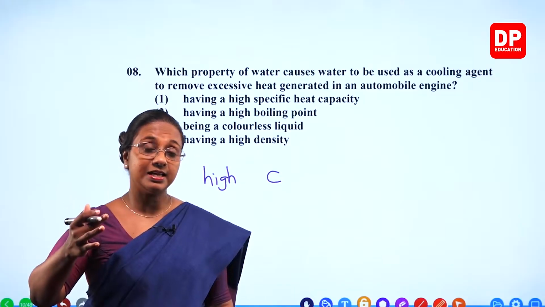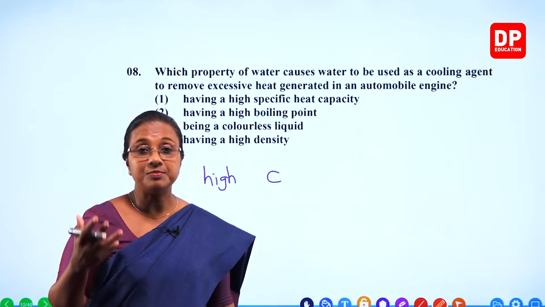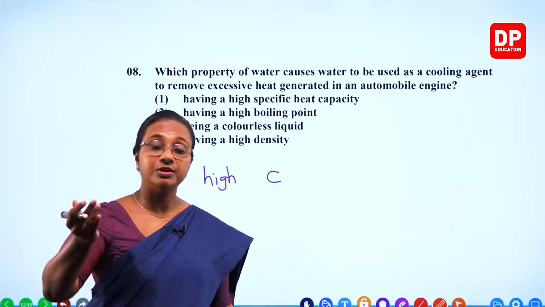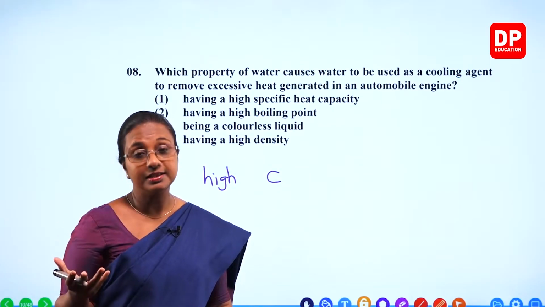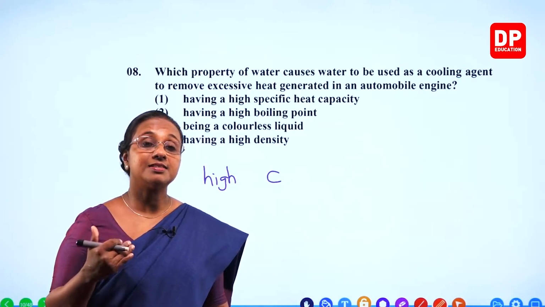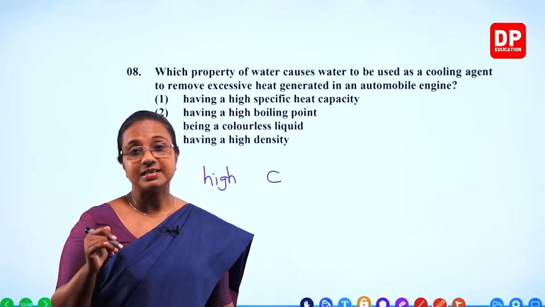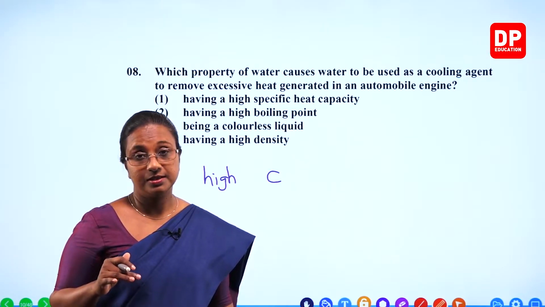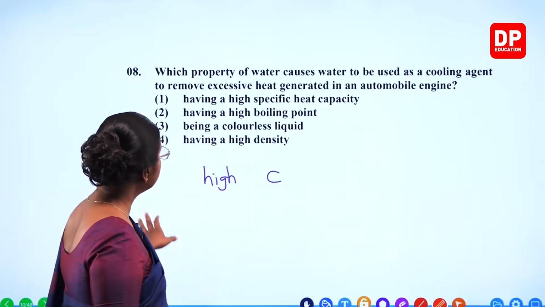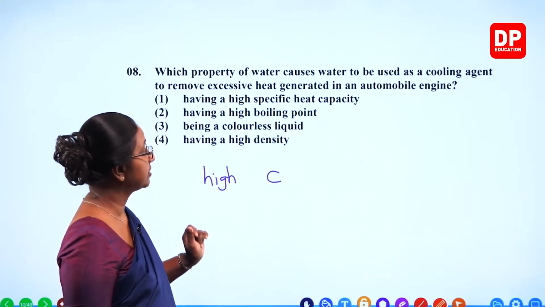When that is high, the amount of heat absorbed by water to go into the vapor state also increases. Then it acts as a good coolant. So that is the property that is related to this.